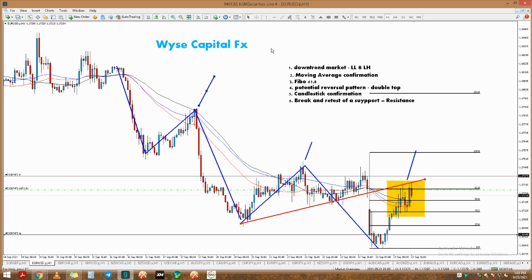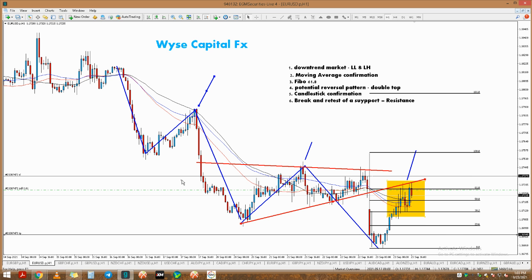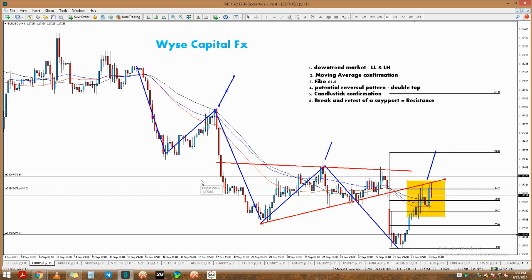Also, another thing you could have observed is that we have a continuation pattern at this point. This is what we call a pennant. It tells us that price might continue moving down.